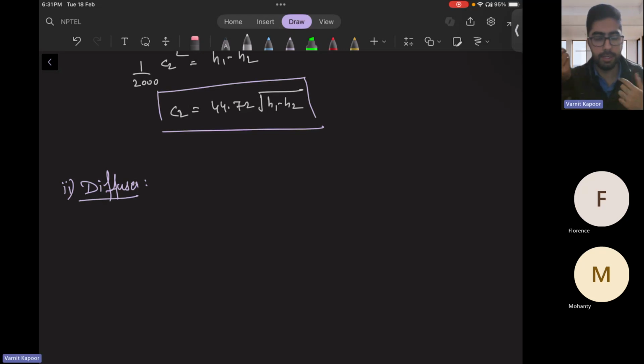So what's a diffuser? It's a device, again of variable cross section, which is used to decrease the velocity or kinetic energy with an increase in pressure energy.